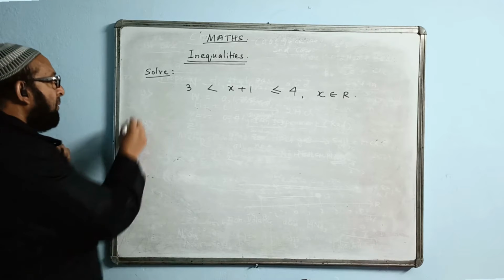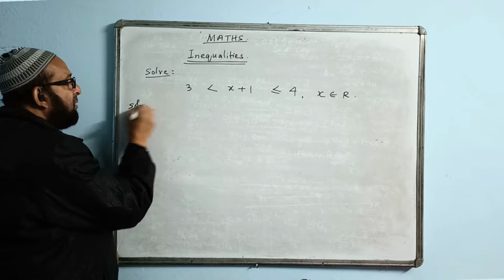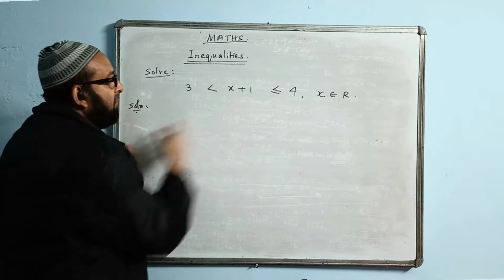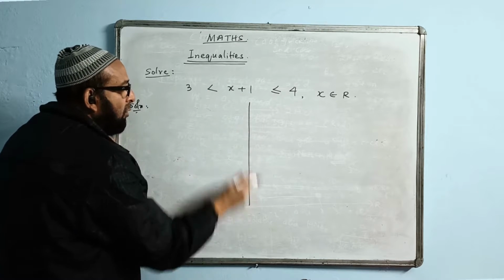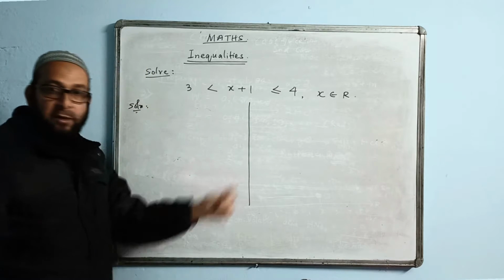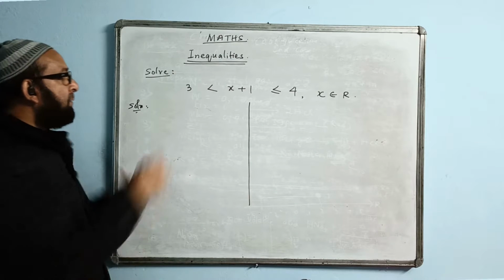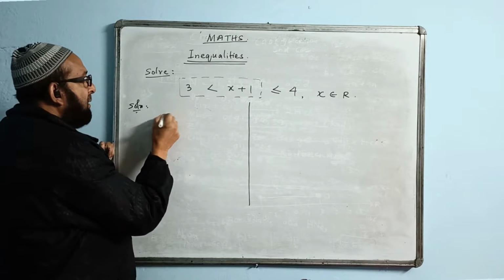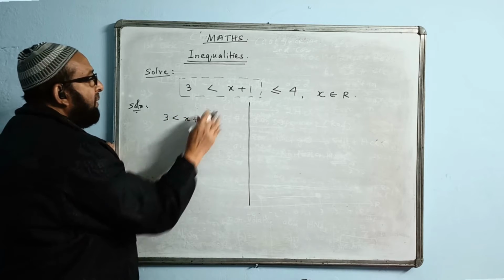Okay, now just see the solution, how I am doing. There are two inequalities coming, one here, one over here. So we will separate into two parts. Like this, we can draw a line. One inequality here, another inequality on the other side. Let us write 3 less than x plus 1. I will copy it first.